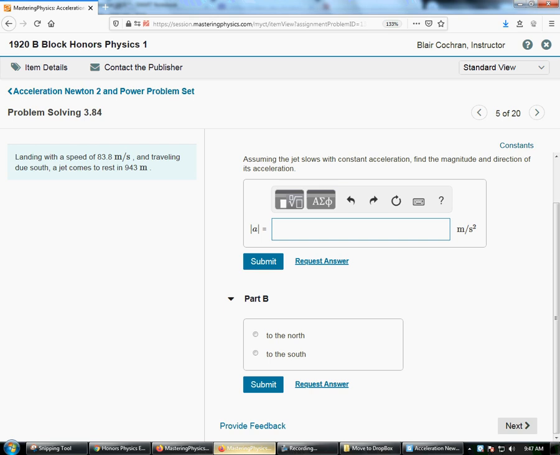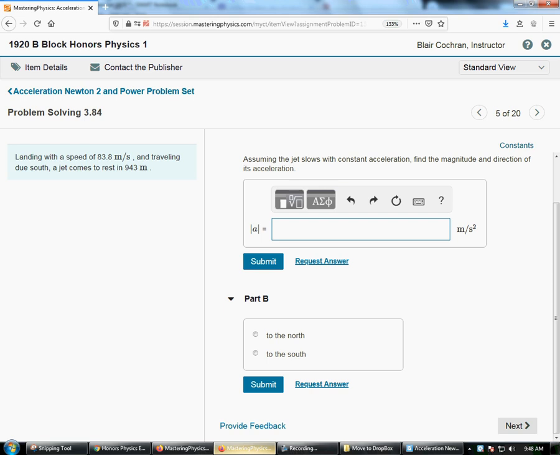It's up to you guys. North? Okay, so we'll call to the north positive. That means my velocity is negative 83.8 meters per second because it's to the south. I'm expecting a positive acceleration, and this 943 meters is going to be negative also because it's pointing down, moving south. All right, so that's fine.